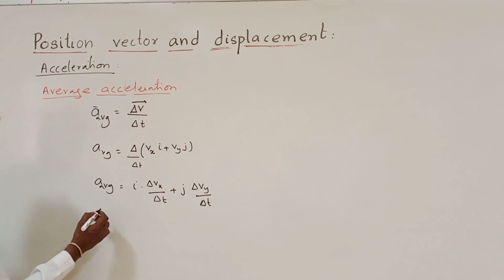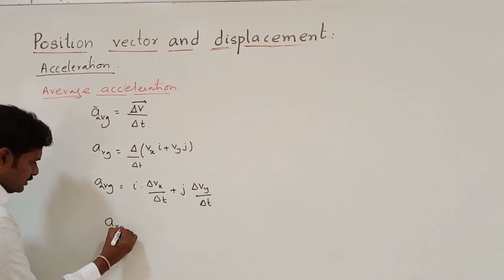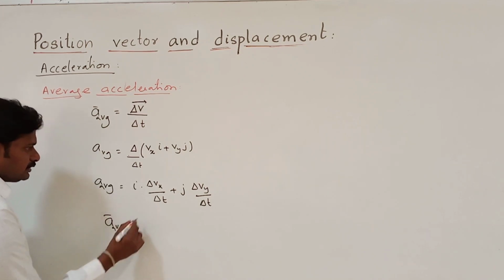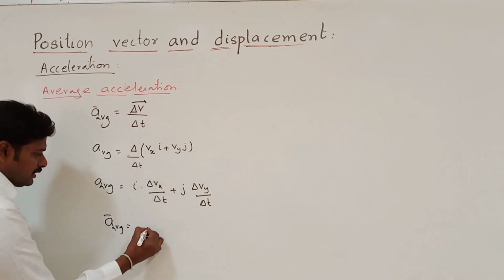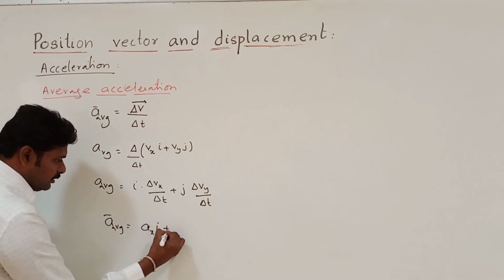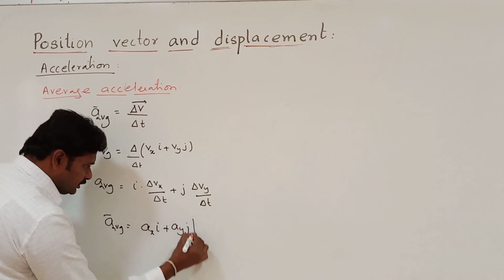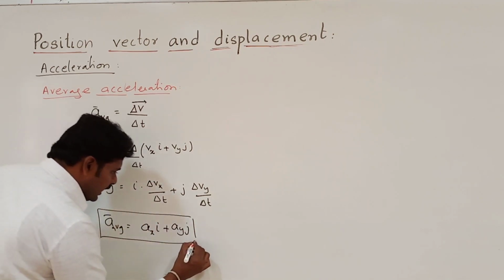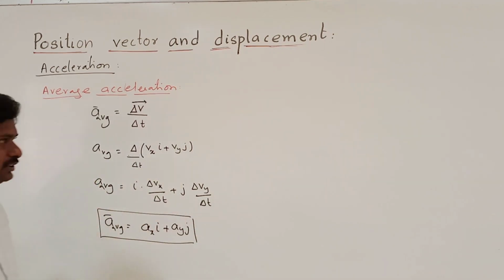So you can write average acceleration as ax i plus ay j. This is called average acceleration.